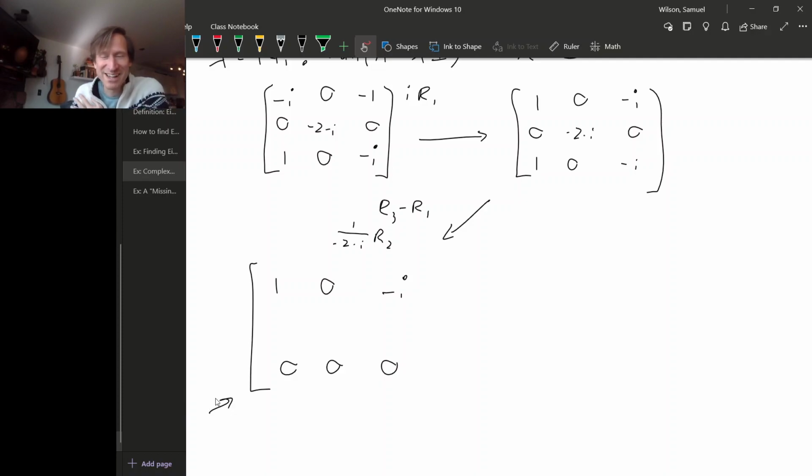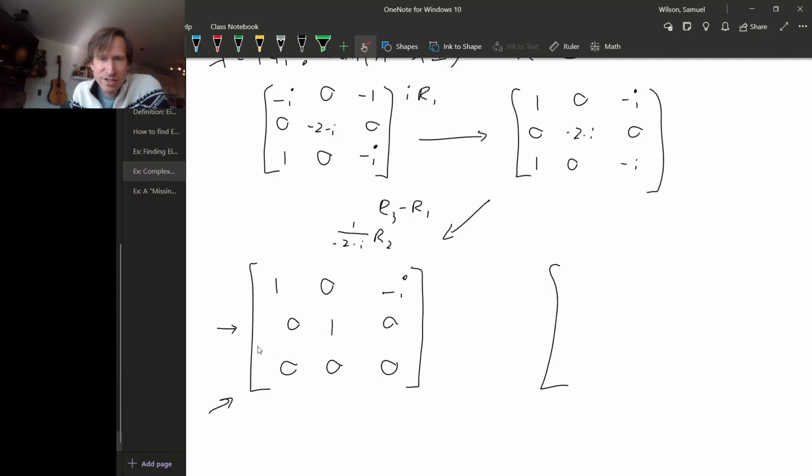Remember, when you're calculating an eigenspace, when you do this row reduction, you know ahead of time you ought to get a row of zeros, and there it is. And then in the second row, the only non-zero entry is the middle entry, and we're dividing it by itself, so it's going to turn out just to be 1. So like this. Okay, and now we need to write down a basic solution to this.